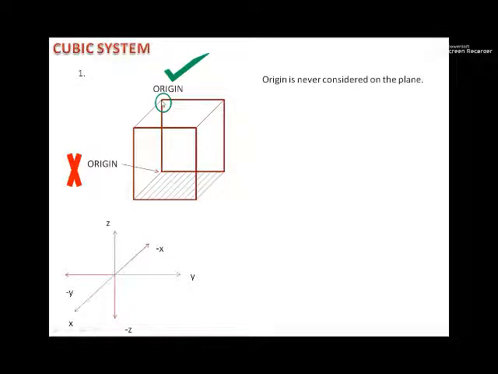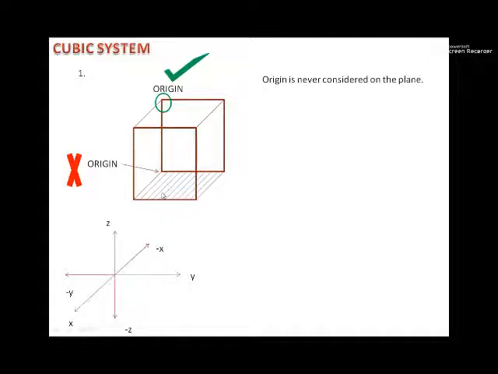Now if you choose the origin here and shift this whole coordinate system to here, you see that the intercept of this plane along the z axis will be minus 1. And the intercept along the x axis, what is this?